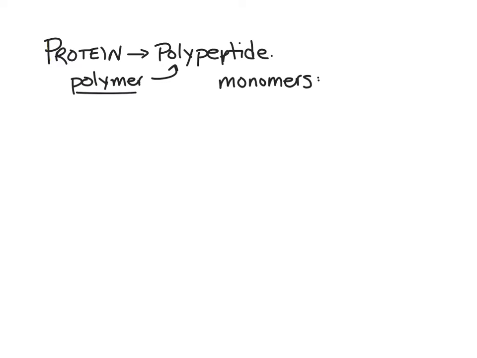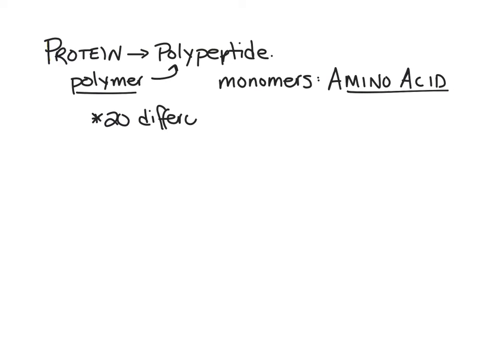The monomer is a generic amino acid. And there are 20 different amino acids. It's the combination of the different amino acids and the polypeptide sequences that actually make up the structure of a protein. Okay? And I'm just going to call it the generic amino acid.